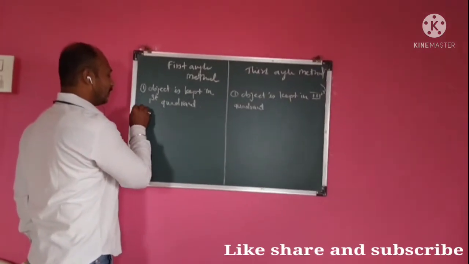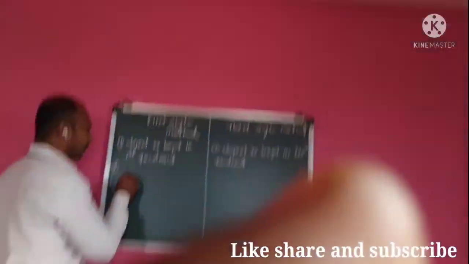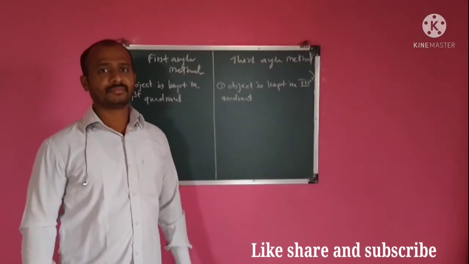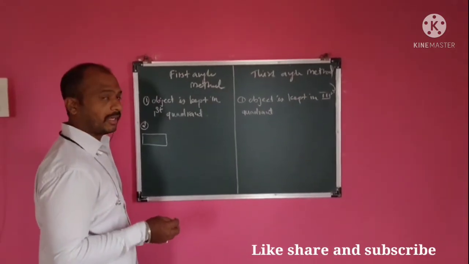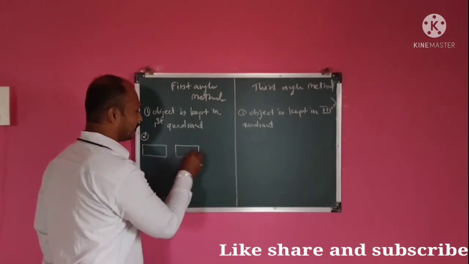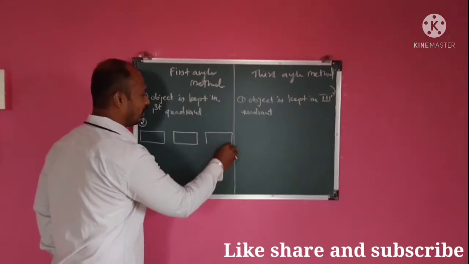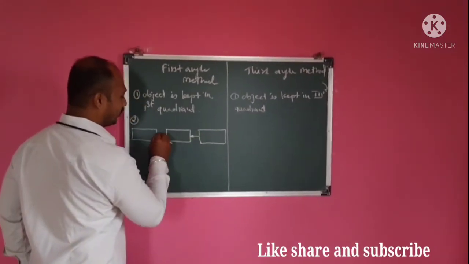Then the next is, if I draw it in block diagram, if I want to represent this first angle method in the block diagram, I will draw 3 blocks like this. As we have seen, it is like this.